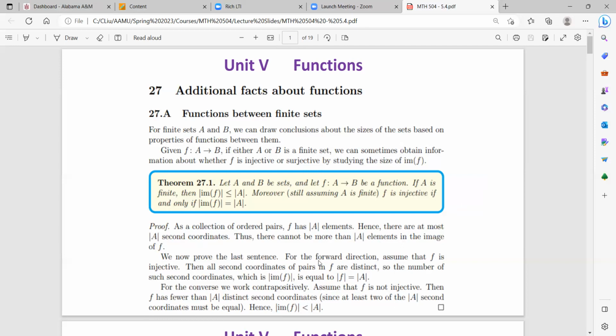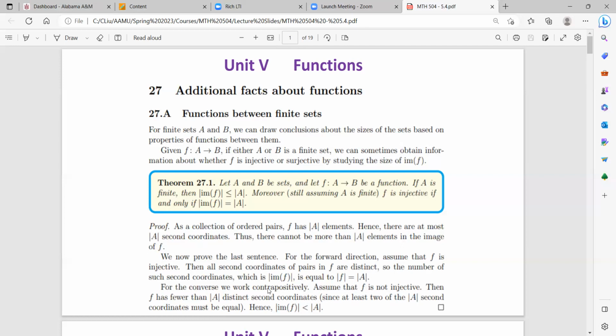Then you have to show that if the size of the image of the function is the same as the size of the domain of the function, then this function is injective. Okay, we can prove this by contrapositive. So you just assume f is not injective, then we come to a contradiction.